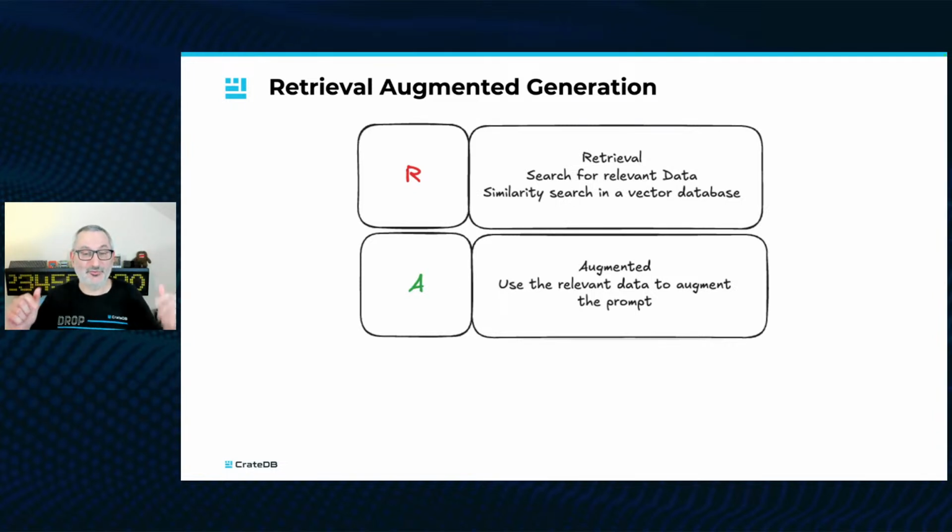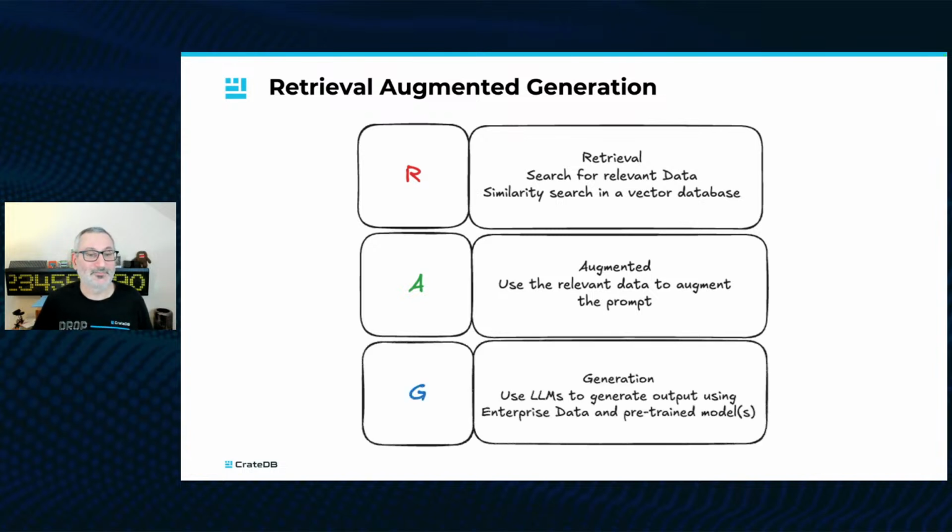And say, refer to your sources, use these sources. Then finally, we're going to use the LLM to generate an output. So the chatty part of what you get back, that natural plain English response, that's going to come from the LLM.